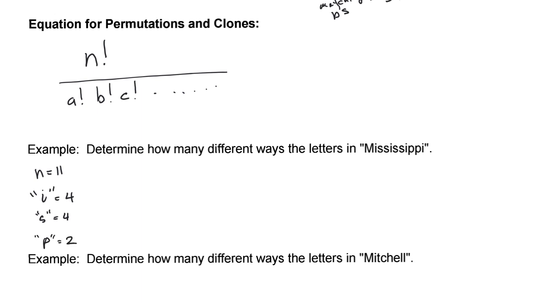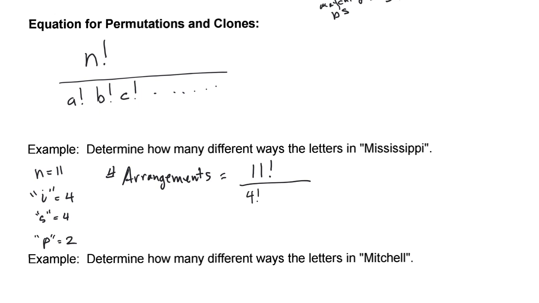So here's how we calculate the number of ways, or the number of arrangements. The number of arrangements is going to be, well, you take the n value, which is 11 factorial, then you divide out the arrangements of the I's.